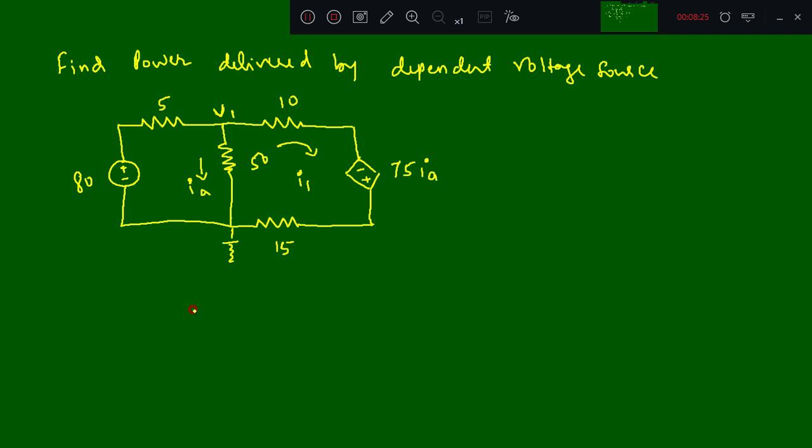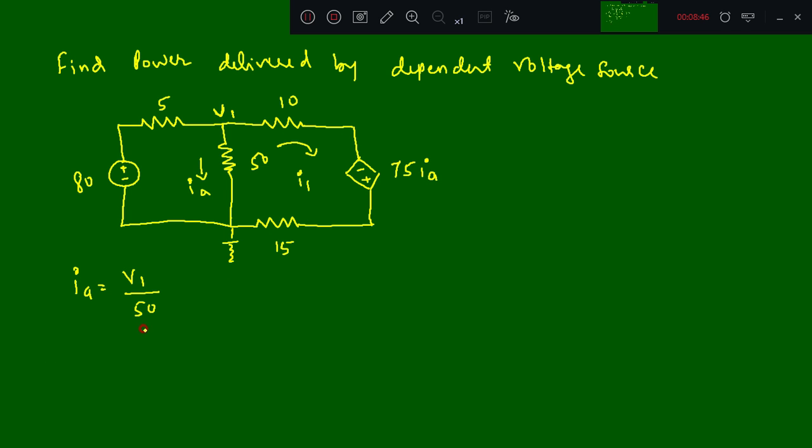First you can write what IA is. IA is nothing but V1 divided by 50, from the circuit diagram.